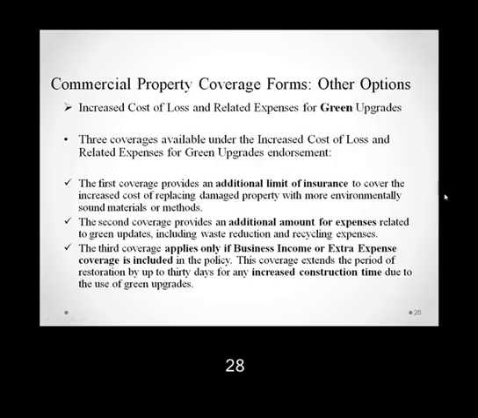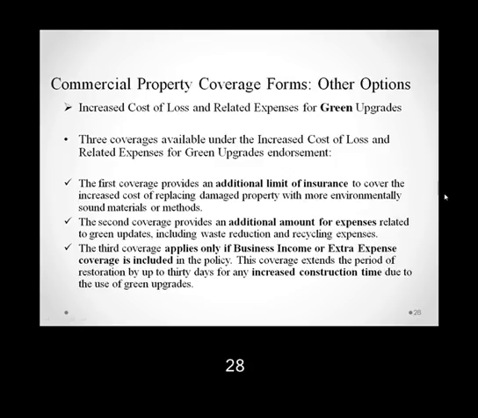In addition, it will also provide additional amount for expenses for these green updates, and the third coverage applies only if business income or extra expense coverage is included.